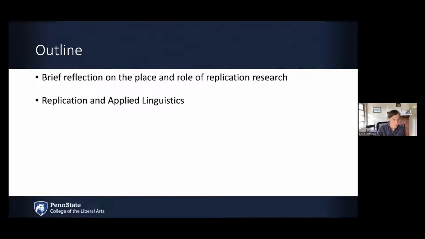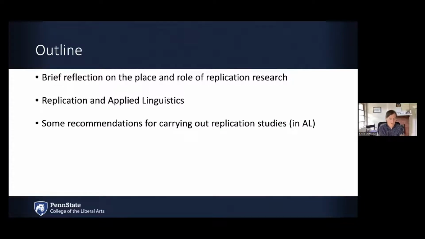Then I'm going to talk quite briefly about what's going on in terms of replication in our field in applied linguistics. And then finally, I'm going to finish up with some recommendations for carrying out replication studies in the field of applied linguistics.